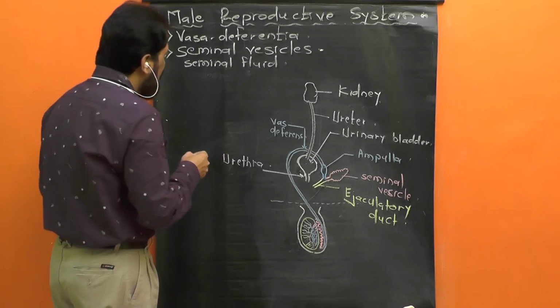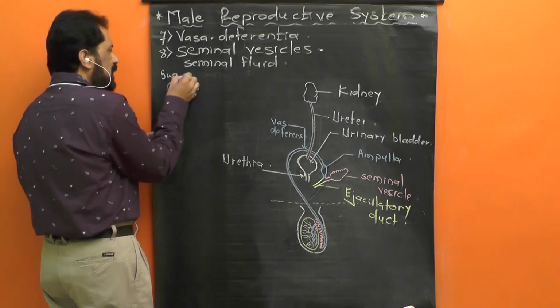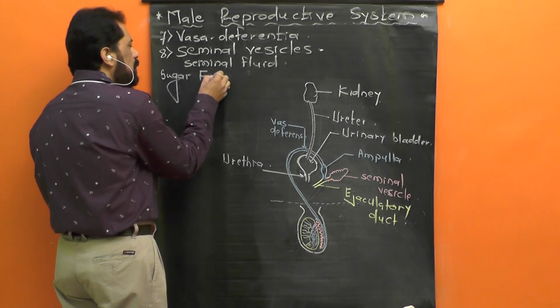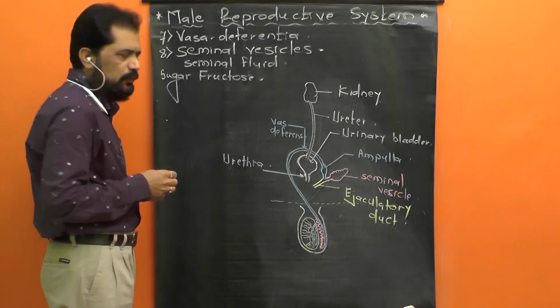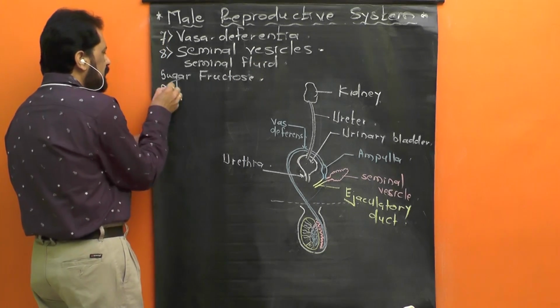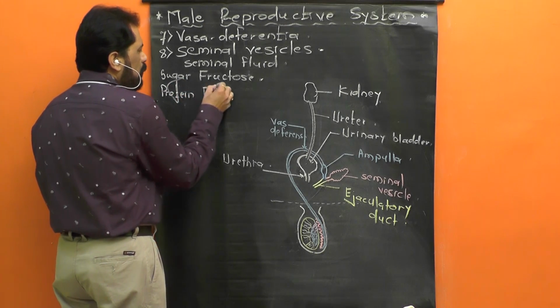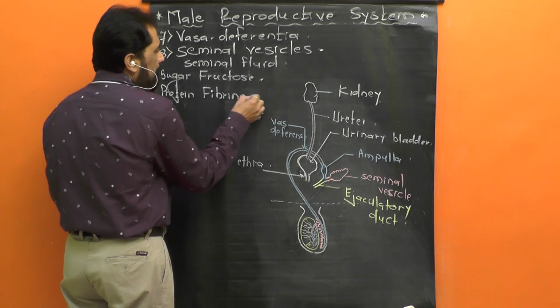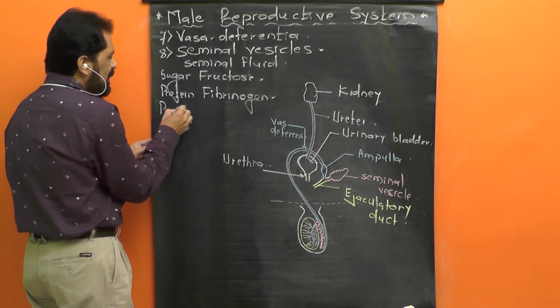Now, this seminal fluid consists of different components. Especially, it consists of sugar, fructose. You know, fructose, simple sugar. Also, it contains protein fibrinogen. Also, it contains prostaglandins.